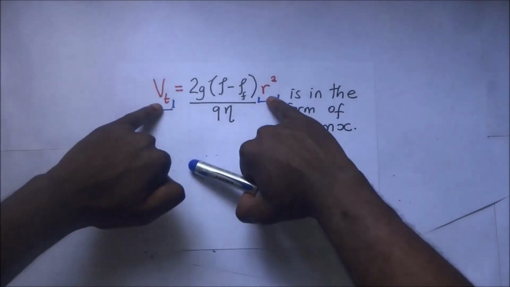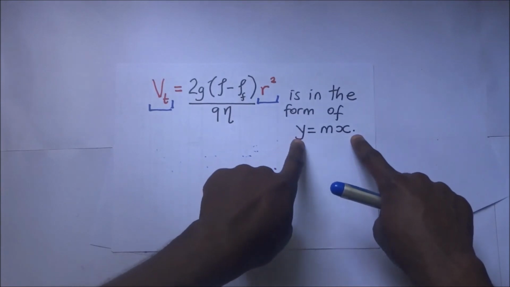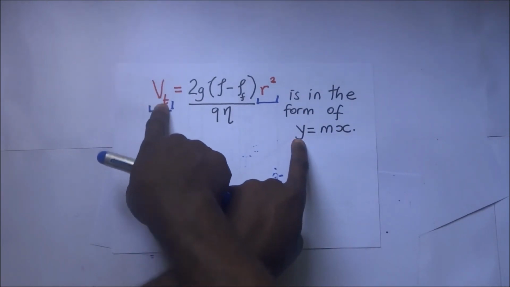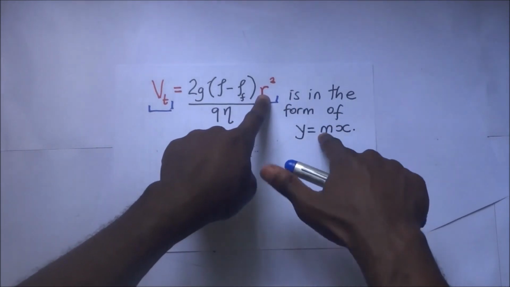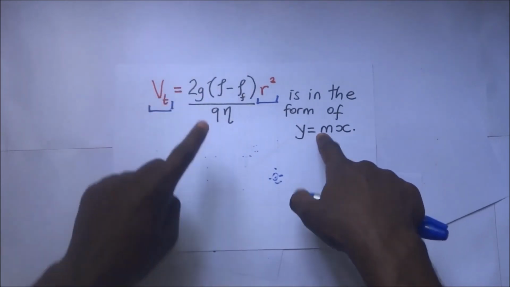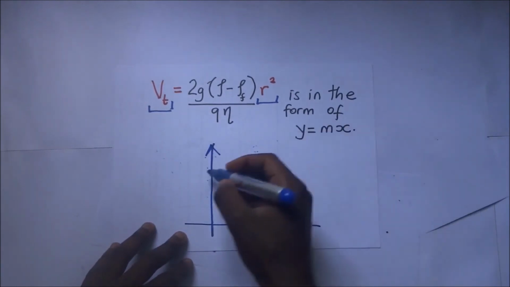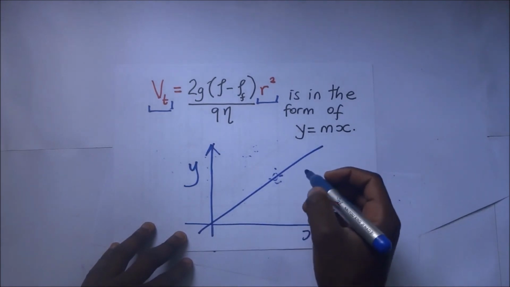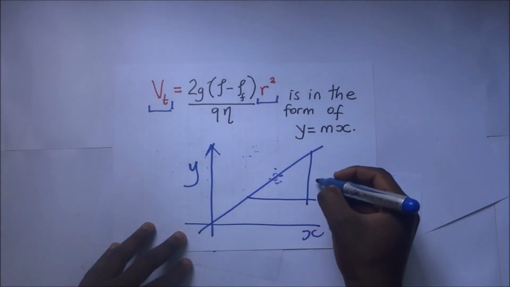Since these two are the ones that are changing, realize that all this is in the form of y is equal to mx plus c, where y is our terminal velocity, and our value of x is our R squared. And this value of m, which so happens to be the gradient, represents this whole expression in the middle. So if we drew a graph of y against x, the gradient of this graph is m.